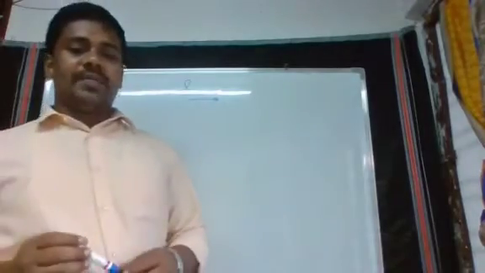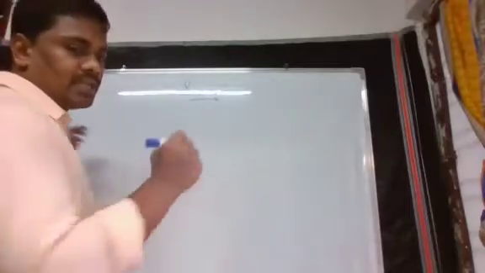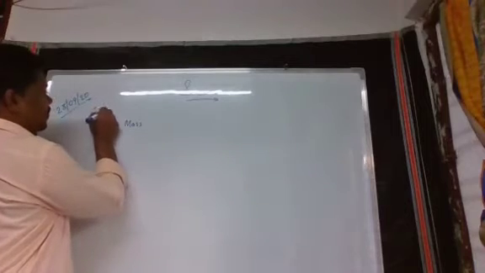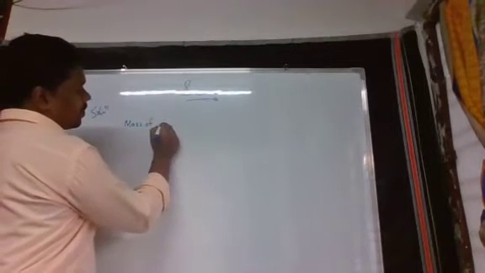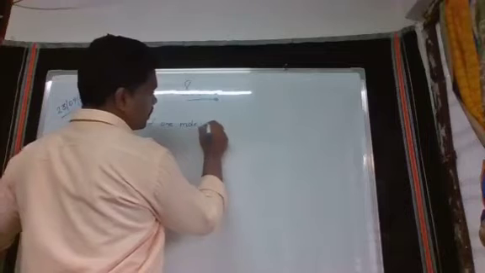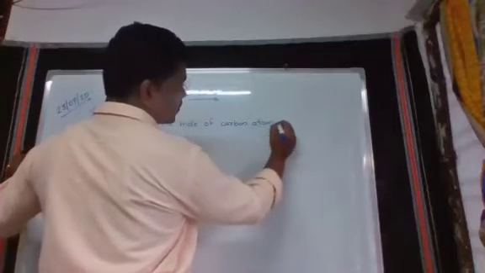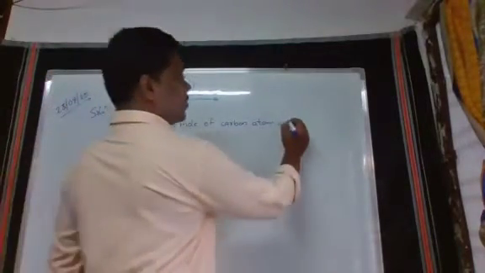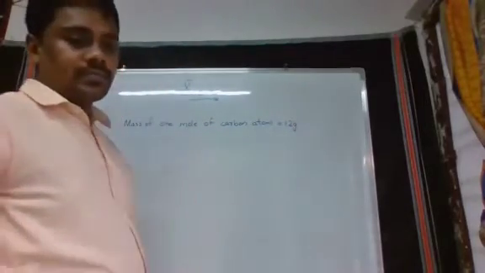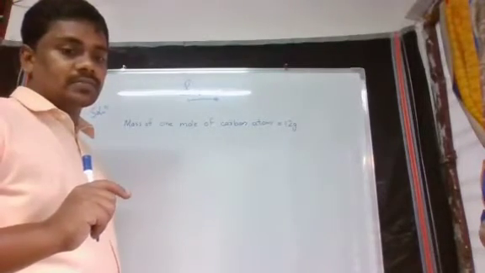If 1 mole of carbon atoms weighs 12 grams, what is the mass in grams of 1 atom of carbon? Let us go through. Mass of 1 mole of carbon atoms is 12 grams. And 1 mole of carbon contains how many particles?